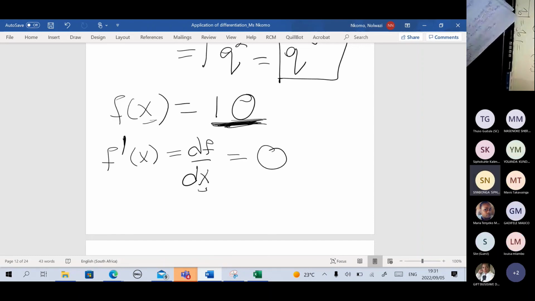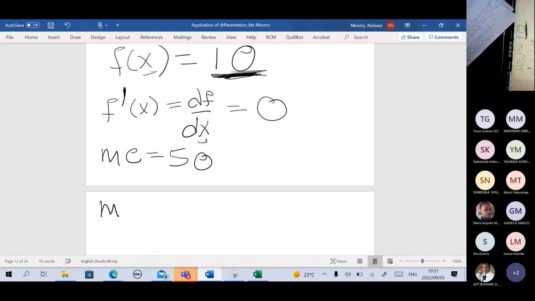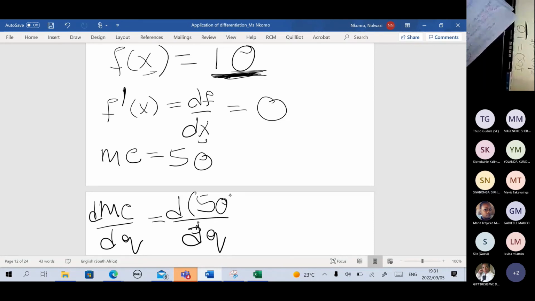So it's like you are given that MC is equal to 50, and we are asked to find the derivative of MC with respect to Q. The derivative of 50 is 0, because 50 is a constant. It doesn't matter which variable you are differentiating with. As long as you are differentiating a constant, you'll get 0.